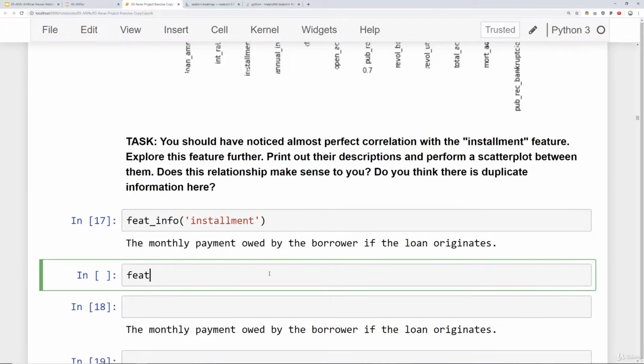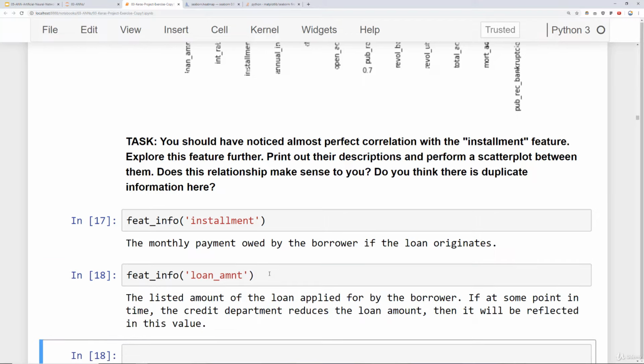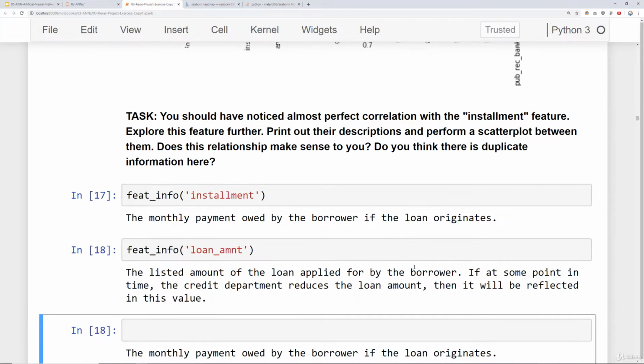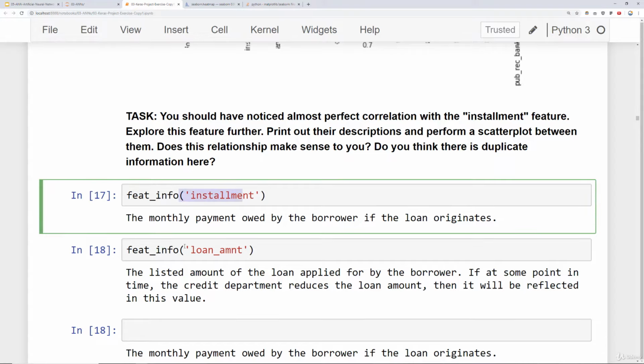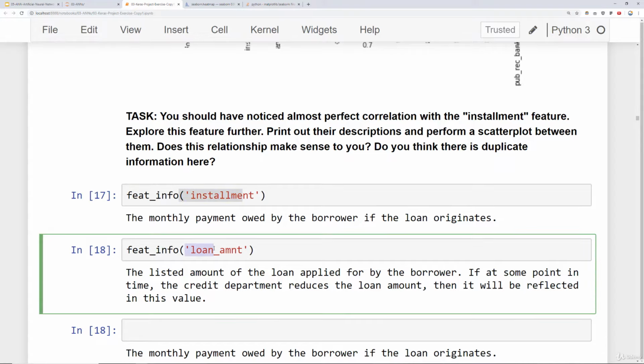And then we'll also say feature info on the loan amount. And this is the listed amount of the loan applied for by the borrower. So it pretty much makes sense that the installment and the actual loan amount would be extremely correlated, because they're essentially correlated by some sort of internal formula that this company uses.